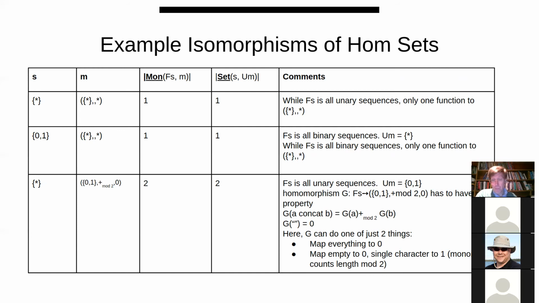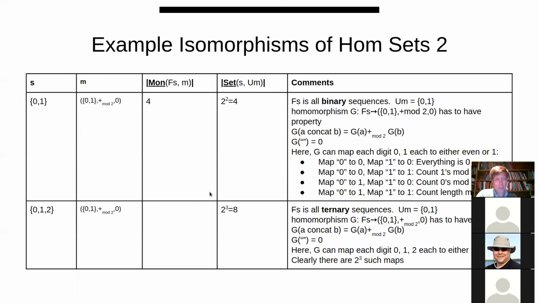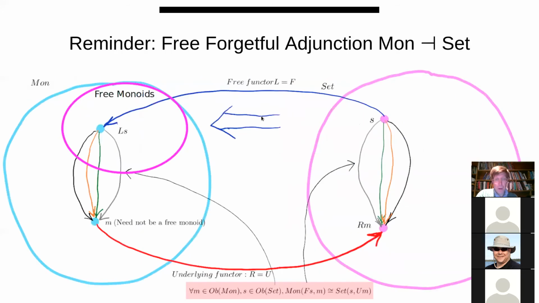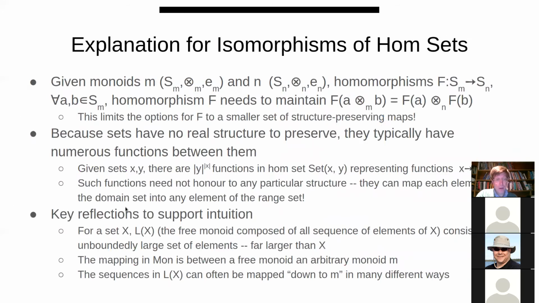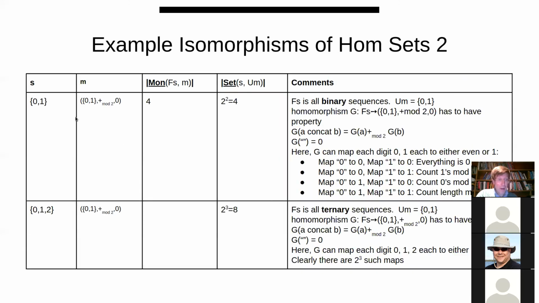So here we end up having two possibilities in both cases. Now let's consider 0, 1 on both sides: 0, 1 here, 0, 1 here. So we have a monoid that has 0, 1 as the possible things, and we have S as 0 and 1.